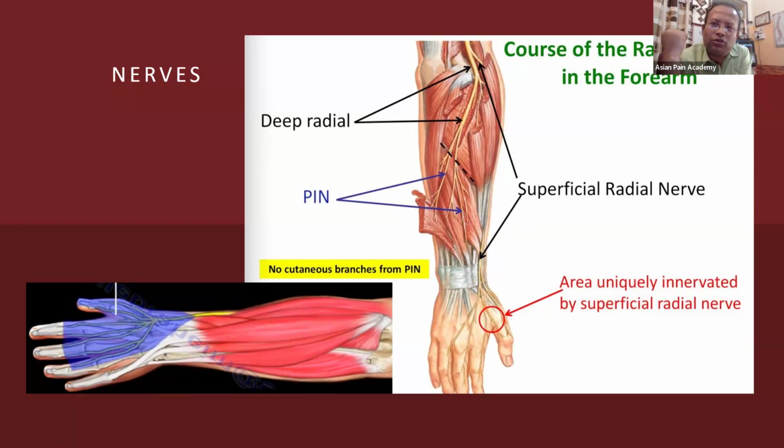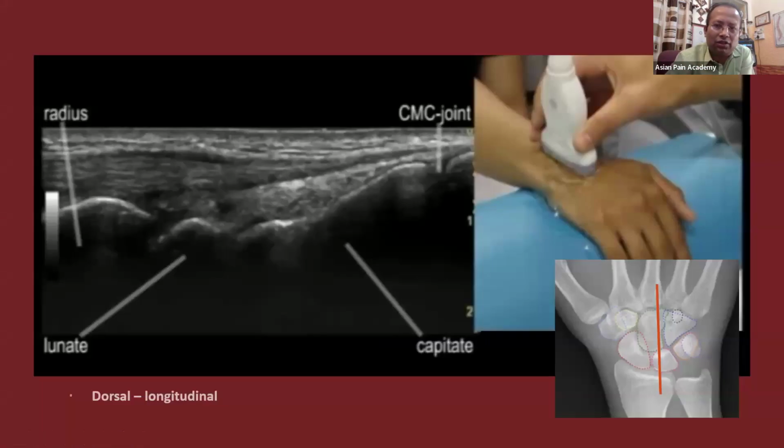This continues up to the wrist in compartment number 4, but it is a purely motor nerve. So hardly we need to do anything, but you must know where this nerve is, so that you don't injure it in some other procedure. Okay, so nerve wise, these two nerves are found in the dorsal compartment of the wrist.